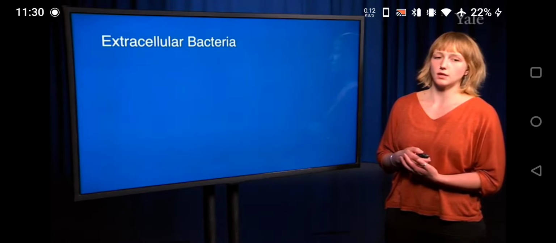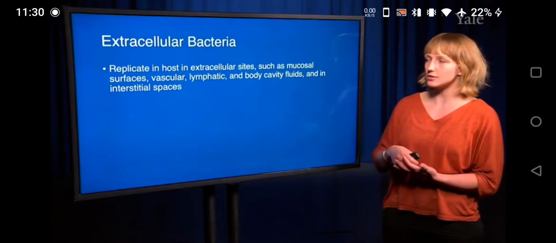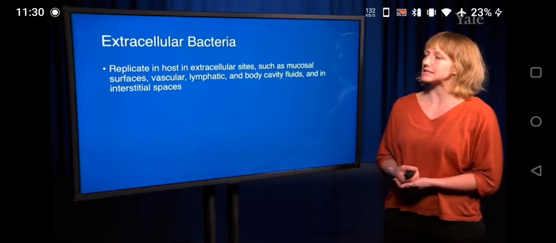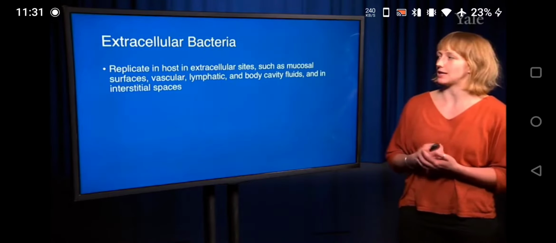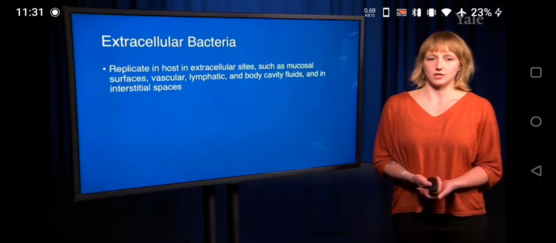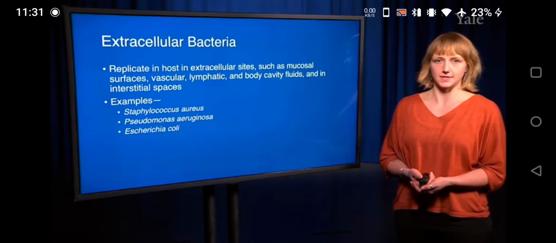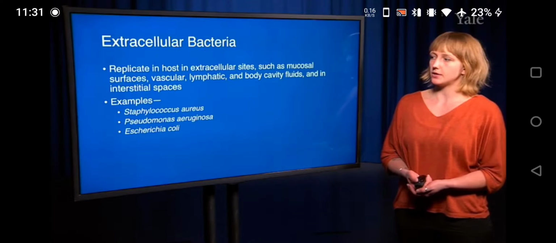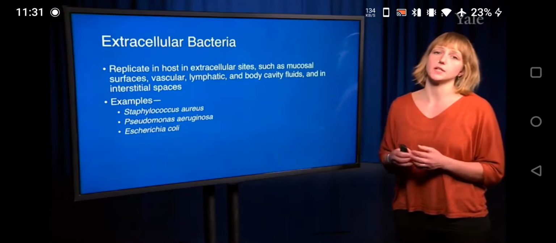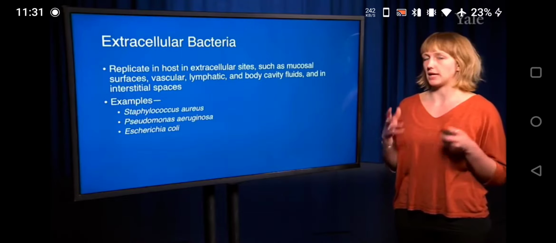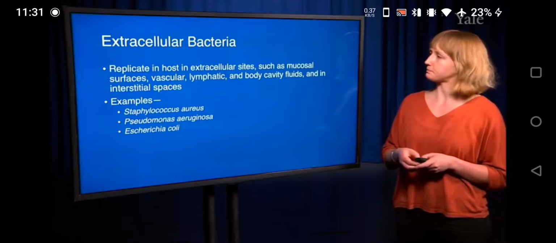So with extracellular bacteria, these replicate in the host, but in extracellular spaces, such as mucosal surfaces, vascular, lymphatic, and body cavity fluids, and in interstitial spaces. So some examples include Staphylococcus aureus, Pseudomonas aeruginosa, and E. coli. So these are bacteria that replicate outside of the cells of the host.